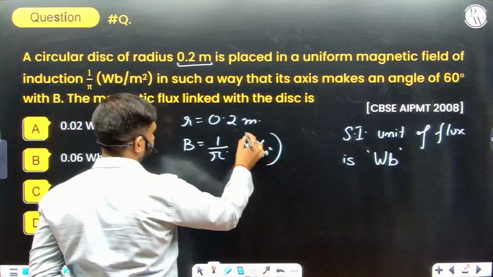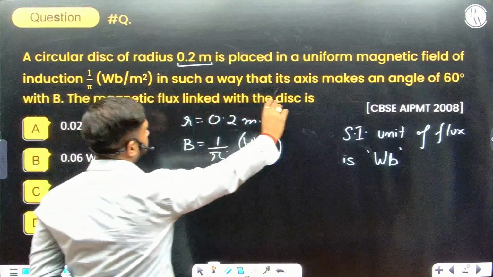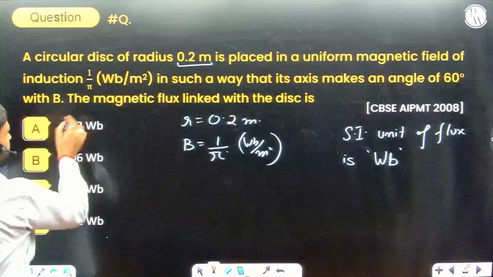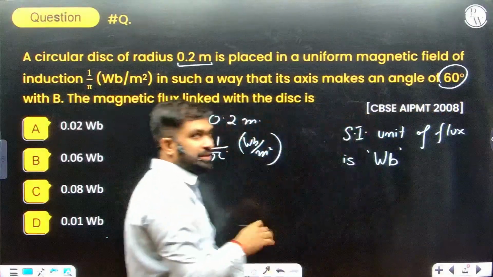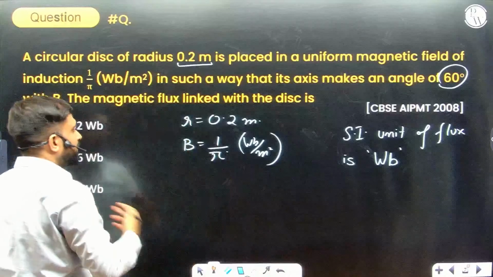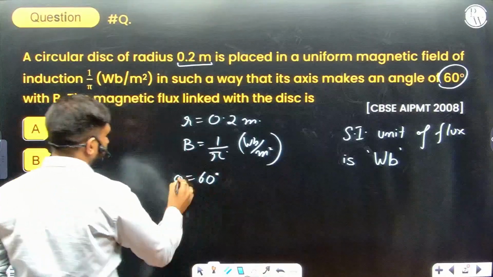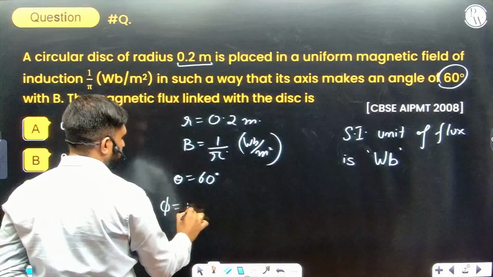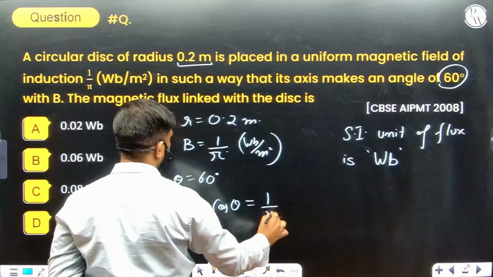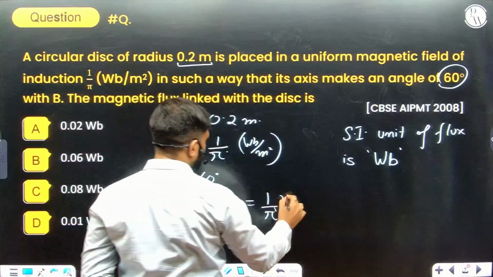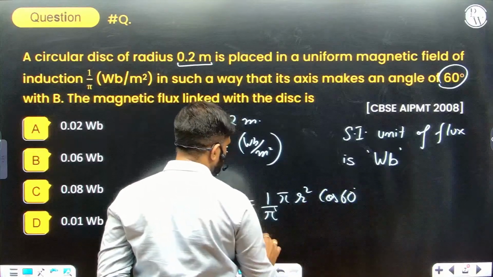To remember these things, they can always play with the units in such a way. Continuing forward, its axis makes an angle theta degree with B. Axis means the area vector is always along the axis of a circular disk, so it's the angle we need. Theta is 60 itself, and now we just need to put BA cos theta. That easy, straightforward. It's a circle, so the area will be pi r square. Cos 60 we know is 1 over 2.